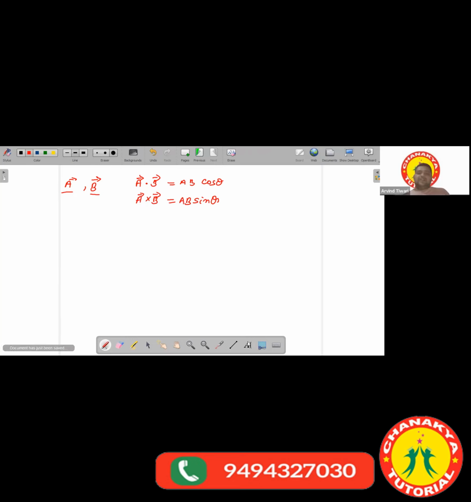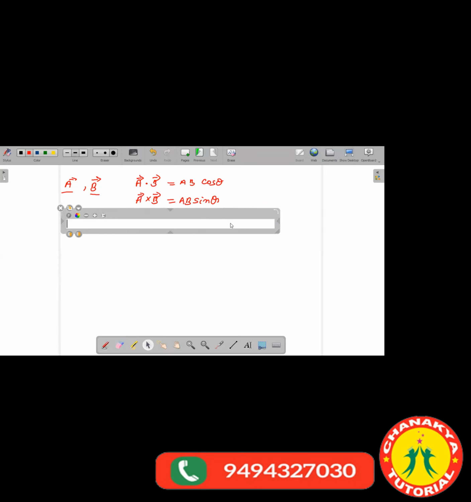For example, let us say a small case. A cycle moving with 20 meter per second is brought to rest by applying brakes.